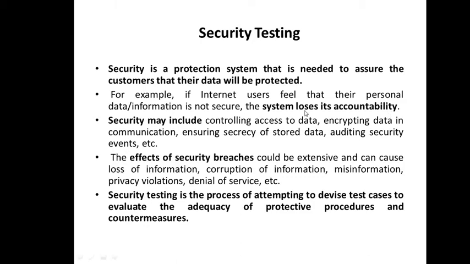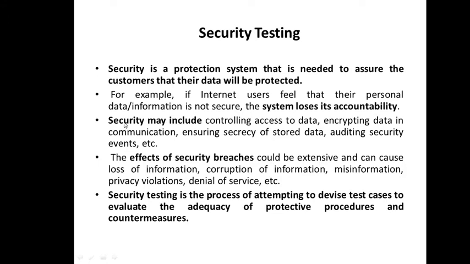For example, nowadays we are using Zoom for online teaching, meetings and conferences, but it is clear that it's not a safe site to be used. There are certain security breaches happening and even governments are enforcing not to use it. That means the system loses its accountability.